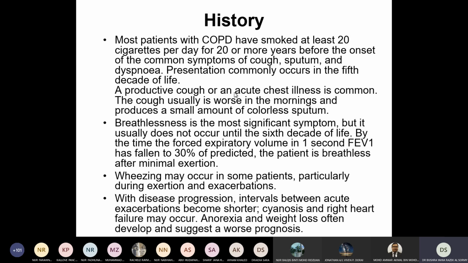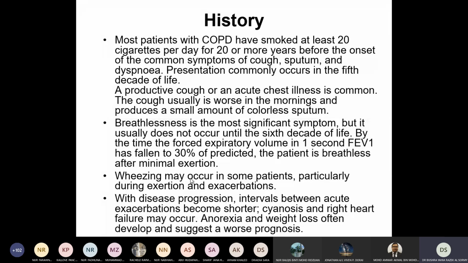A productive cough or an acute chest illness is common, okay? The cough usually is worse in the morning and produces a small amount of colorless sputum. Breathlessness is the most significant symptom, but it usually doesn't occur until the 6th decade of life. By the time the forced expiratory volume in 1 second (FEV1) has fallen to 30% of predicted, the patient is usually breathless after minimal exertion.